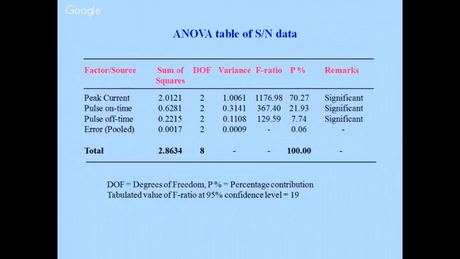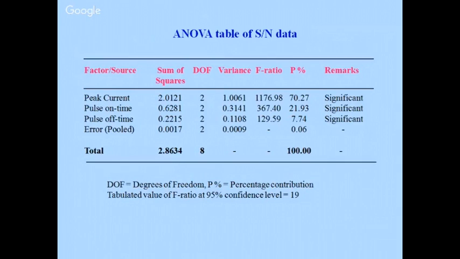And then you can calculate the percentage contribution. Simple: sum of squares of that factor divided by total sum of squares multiplied by 100. Okay, so you see what ultimate analysis you get here: current is the most significant factor, 70% contribution. Pulse on time, 22% contribution.